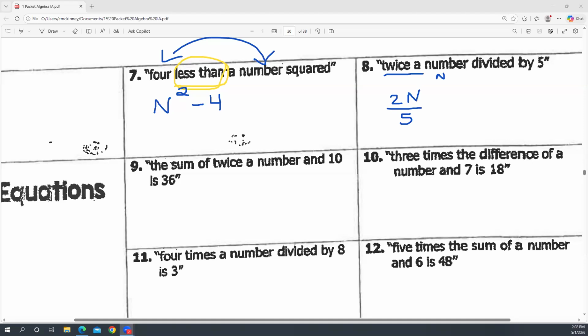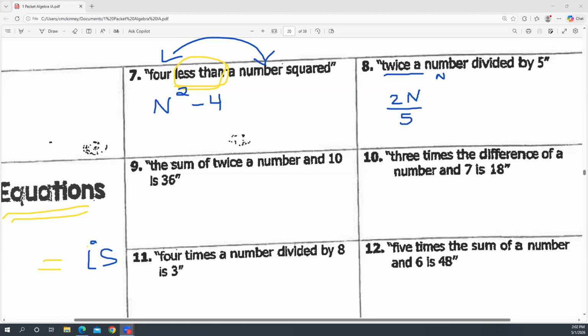Now, at this point, we have had only expressions, but now we see over here at the side that it says equations. So now that it says equations, there will be an equal sign, and typically where we're going to put that equal sign, we're going to see the word is.